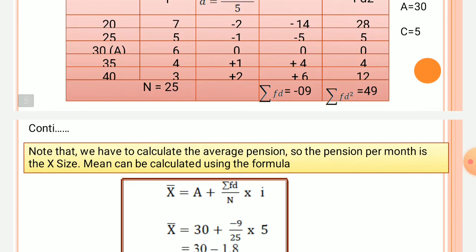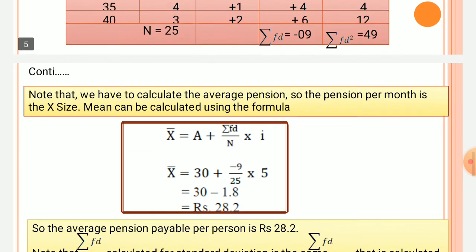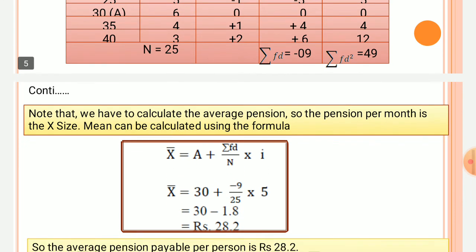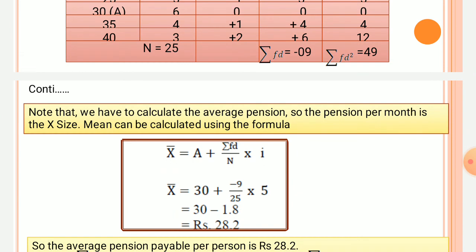Now the next step is to calculate the average pension, the pension per month. The mean can be calculated using the formula x bar is equal to a plus sigma fd by n into i.